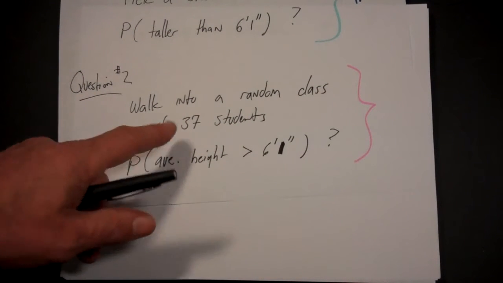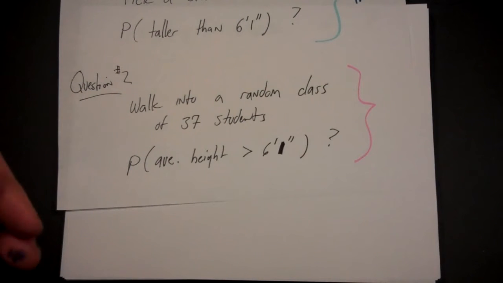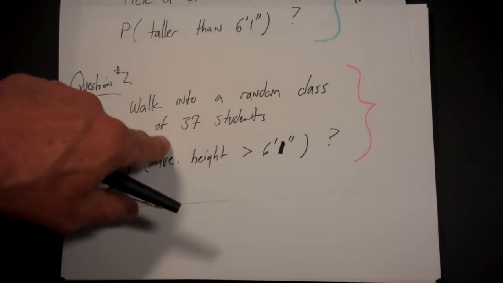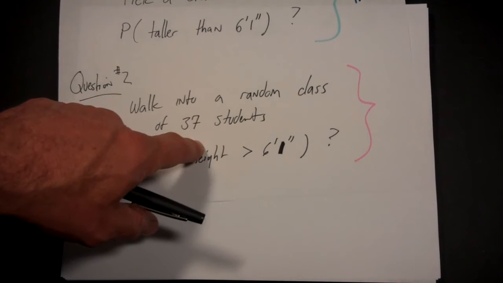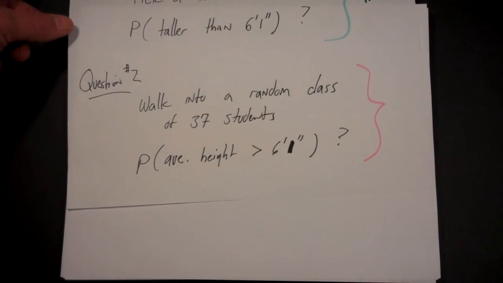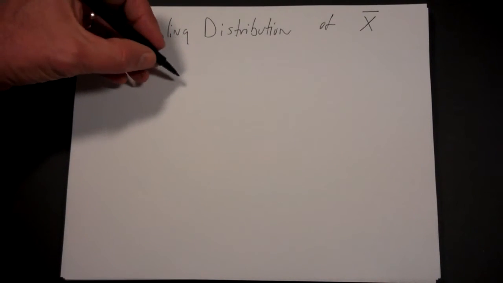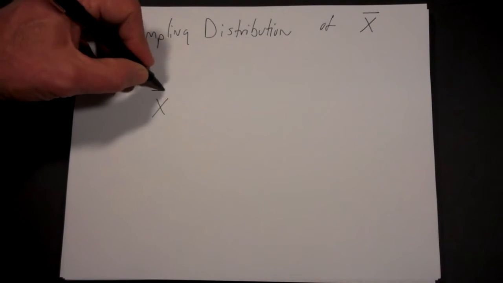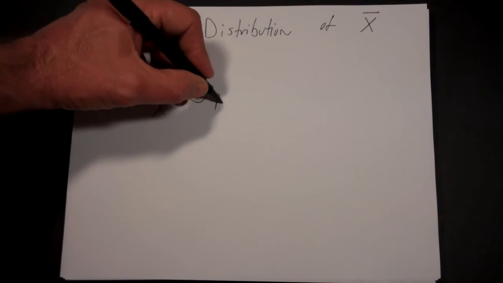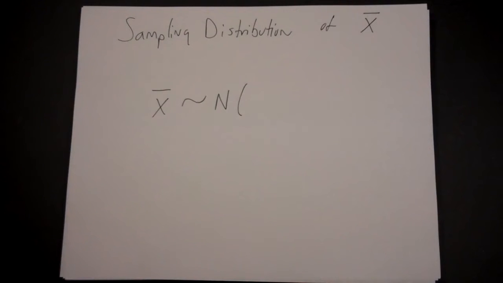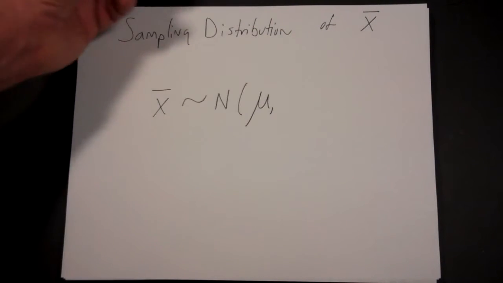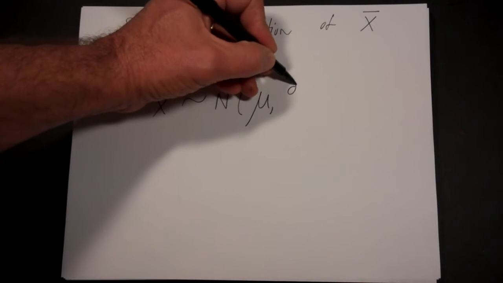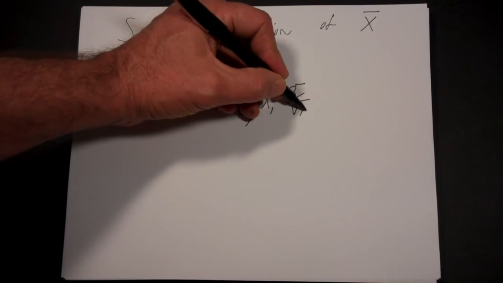You can imagine that day after day, university after university, you went into lots of classes of 37 students, and for each one you came up with the average height, and you would get a sampling distribution of the sample mean. And the key is that x bar, under certain conditions, will be normally distributed with a mean equal to mu and a standard deviation equal to sigma over the square root of n.